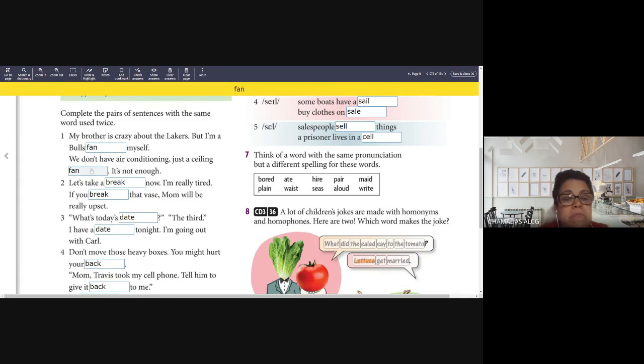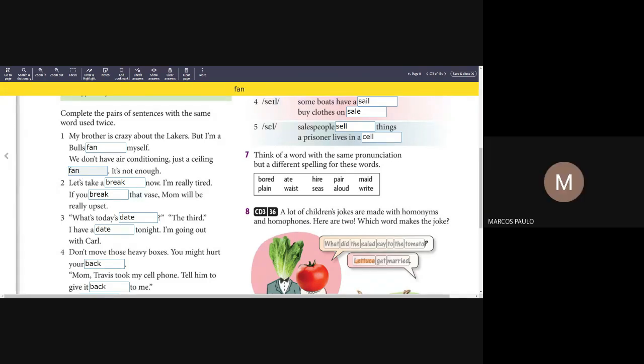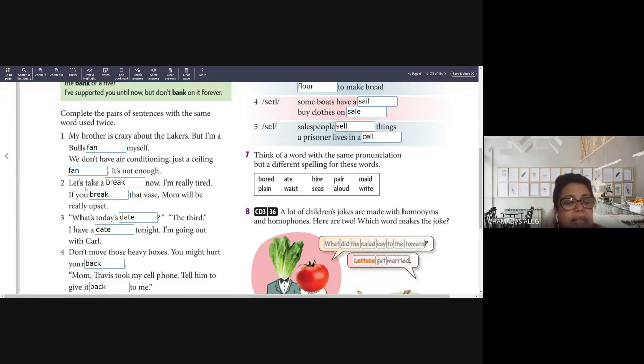Here, just a ceiling fan. Ceiling, teto, okay? So just a ceiling fan, all right? Okay, Marcus?